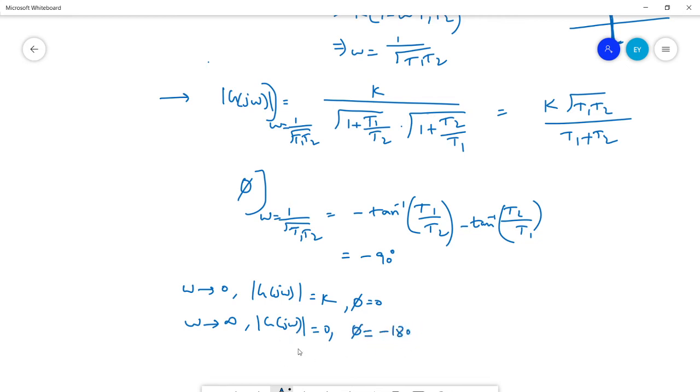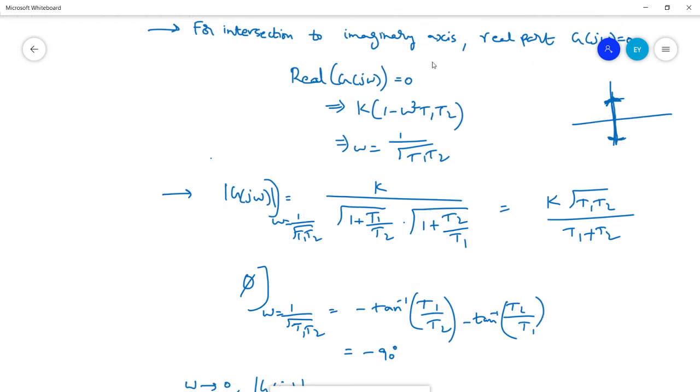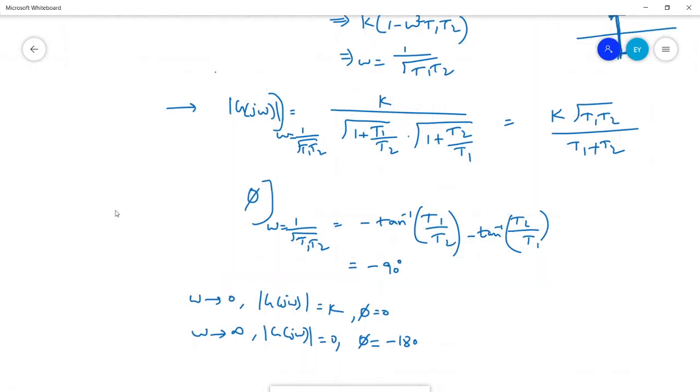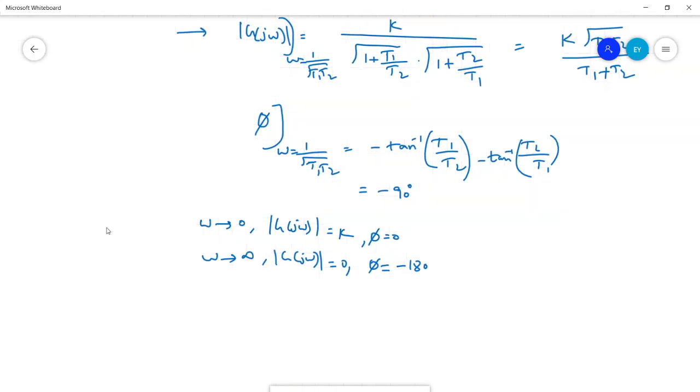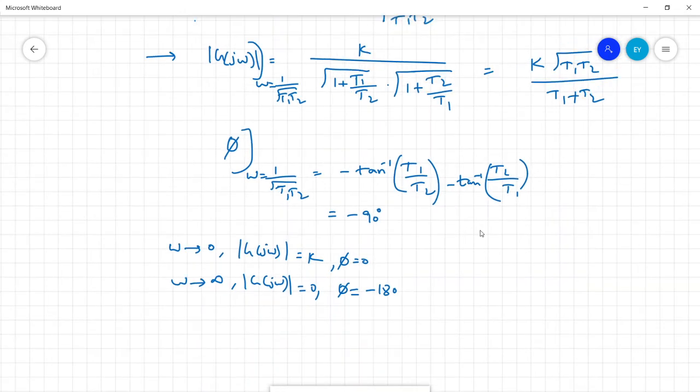We already plotted this one, so remember this. The next point is, what we computed here is for intersection to the imaginary axis, and we got these three expressions, right?